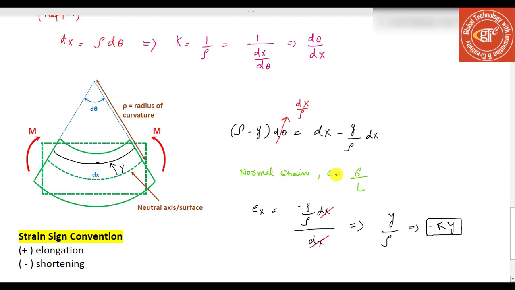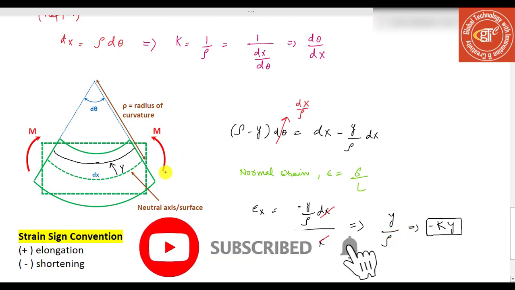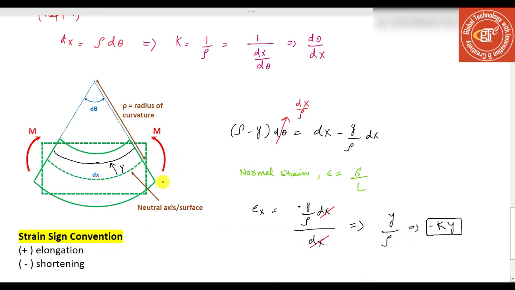And for now let's recall. The normal strain is defined as the elongation per unit length, or you can say the change in length over the original length. And so here, for my example of this differential element, we see that the original length of my black line before it deformed would be dx, but then I subtract y over rho dx, so it's shortened by a distance negative y over rho times dx.